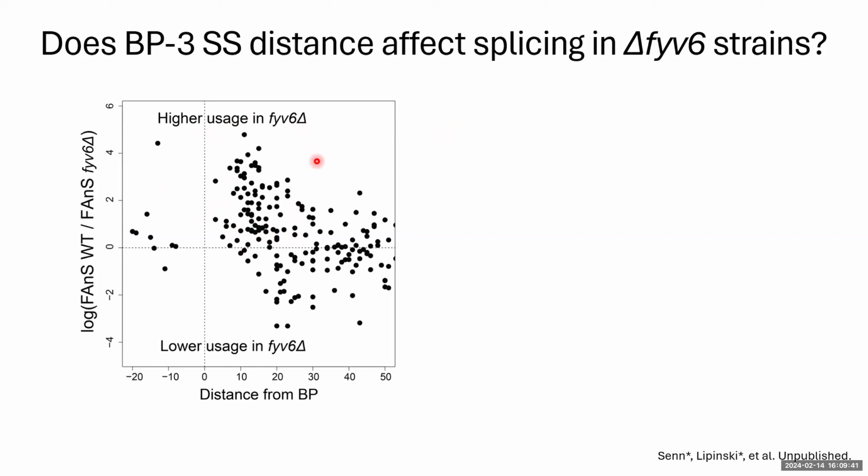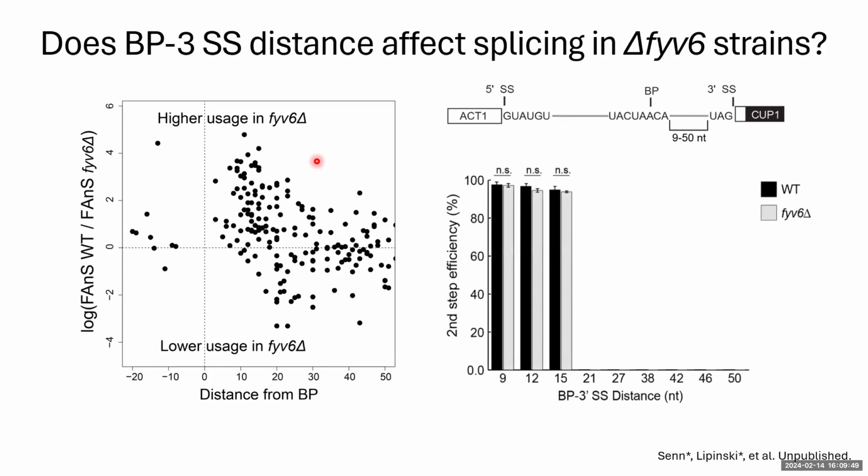And this motivated in vitro work with a reporter gene where we varied the distance from the branch point to the 3' splice site. And when we do a primer extension assay and look at the amount of mRNA that is produced, as well as the intermediate product, the 3' lariat, we can see for shorter branch point to 3' splice site distances, it doesn't make a difference whether FYV6 is present or absent.